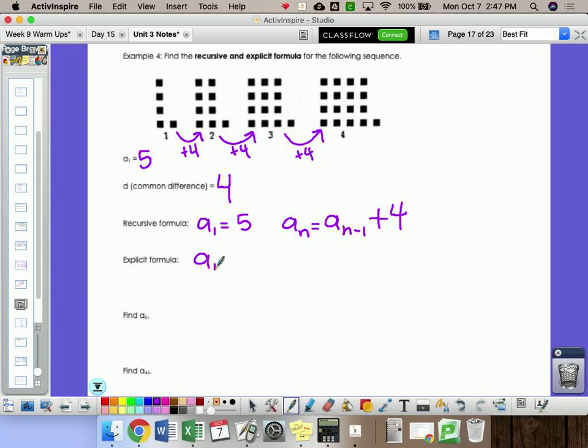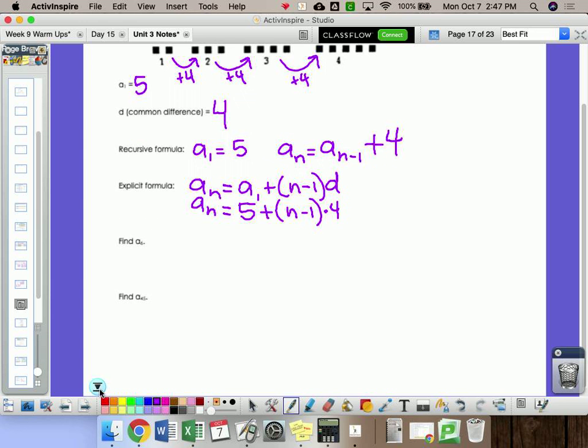So A sub n equals our A1 plus n minus 1 times d. So I'm going to plug in what I know. I know that A1 was 5, and our common difference was 4. So I'm going to multiply by 4. We need to simplify this as much as we can, so I'm going to distribute that 4.